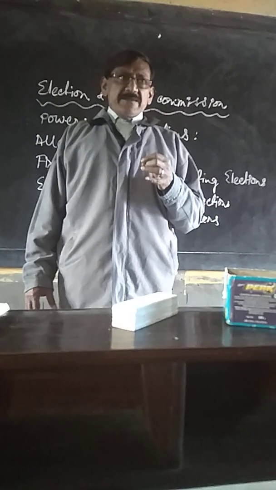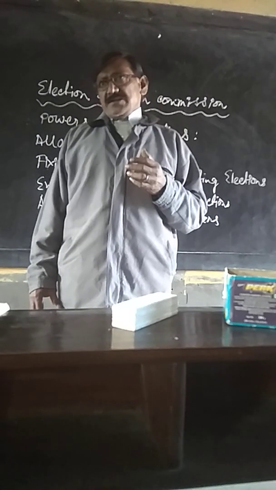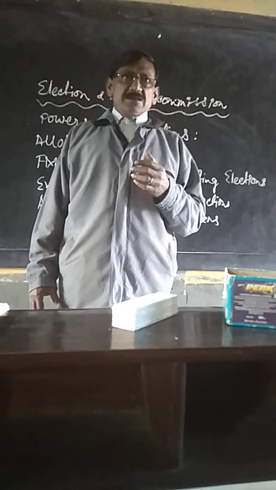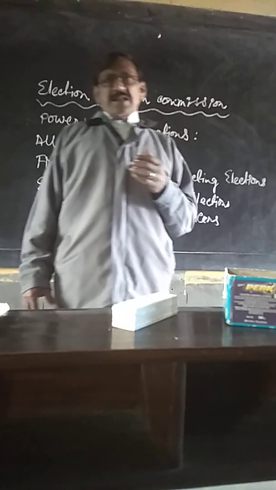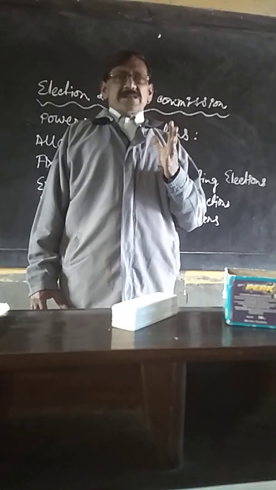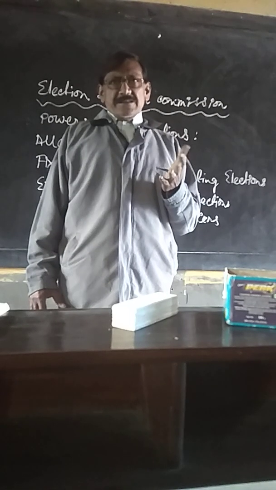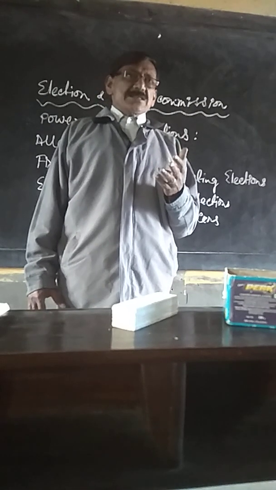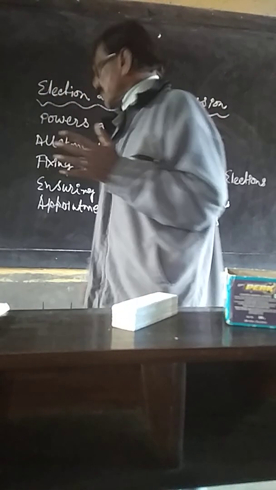In that case, in consultation with other election commissioners, in consultation with the executives, the election commission decides a fixed date, and then it declares the fixed date, according to which election is conducted throughout the country.